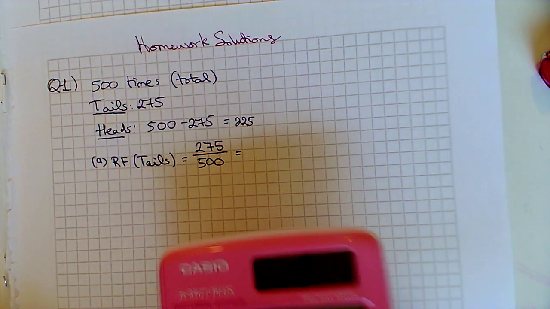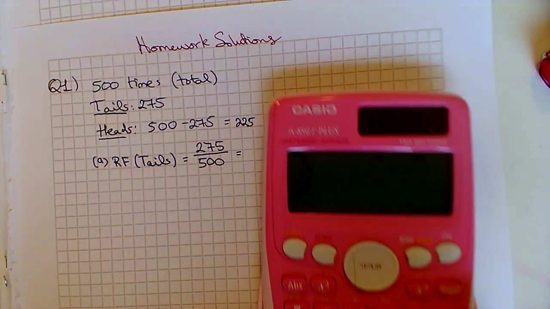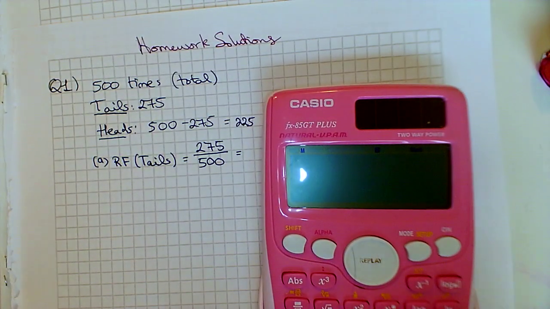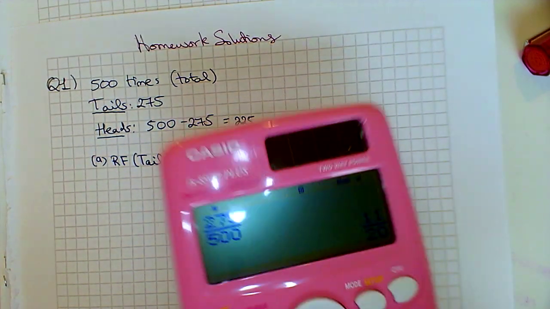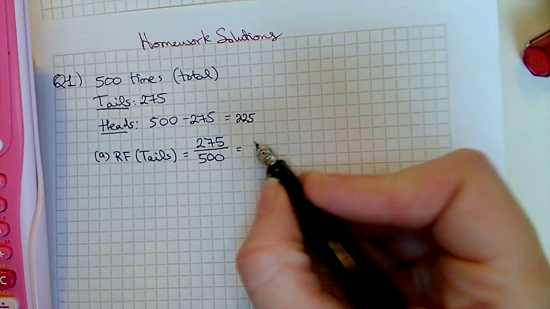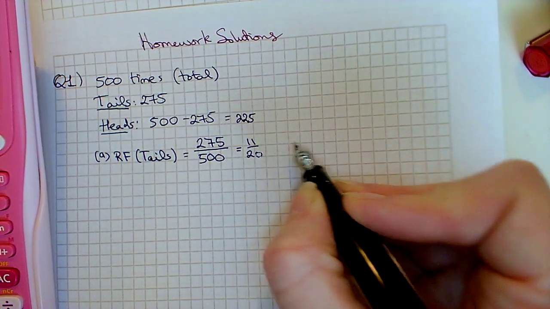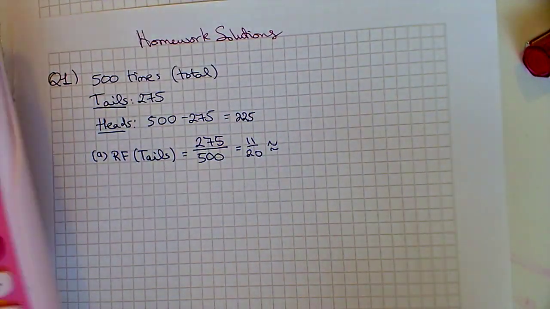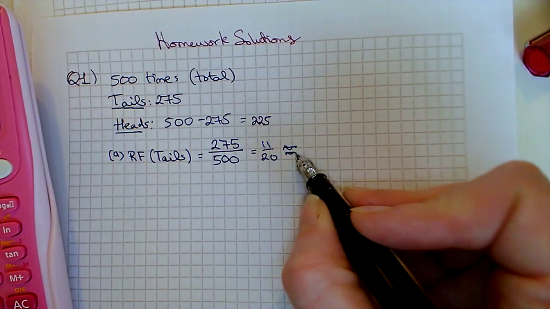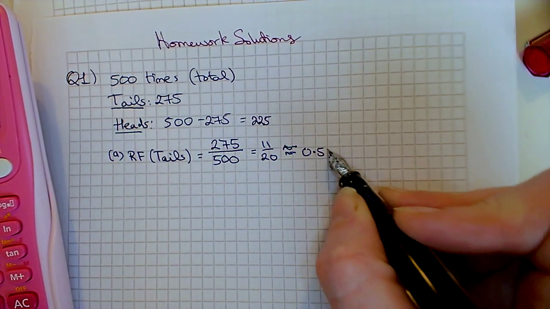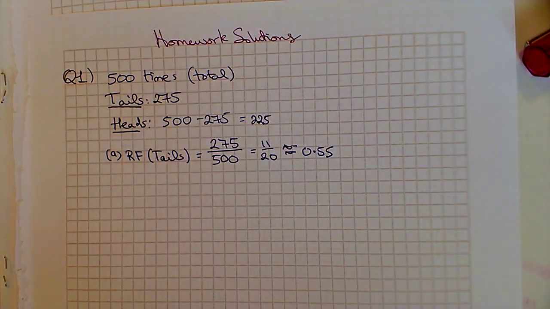We can write it as a fraction in its lowest form. And we've got 275 out of 500, and we get 11 out of 20. And you know what? It's actually useful to maybe change this to a decimal. In fact, it changes to a decimal exactly. It's not a recurring decimal, 0.55.